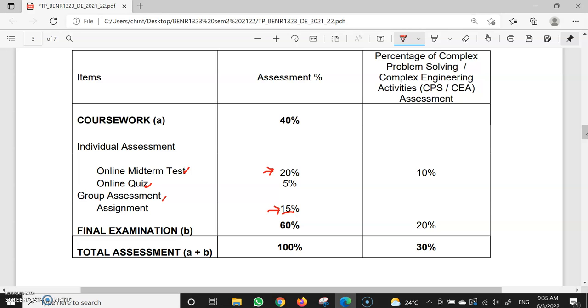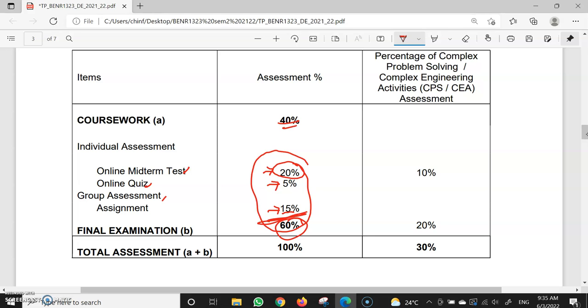Now you are considered senior, in your second semester already, so I feel I can increase the marks to 20 for your test and 5 marks for your quiz. So the total coursework mark is 40, plus 60 marks for the final exam, making 100.